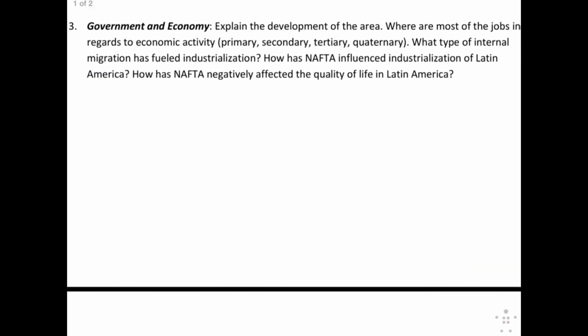Now, next question revolves around what type of internal migration has fueled industrialization. This is internal, not external. If we were looking at external, it would be migration towards the north. But that's not what we're looking at. We're looking at internal. And remember, this internal migration that we're seeing more and more is urbanization.